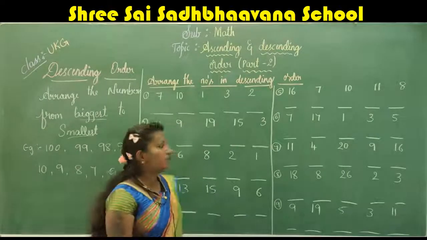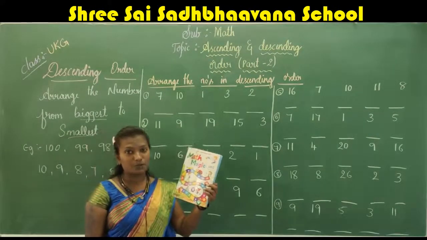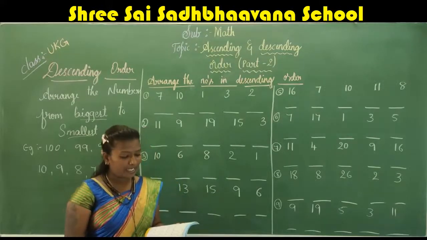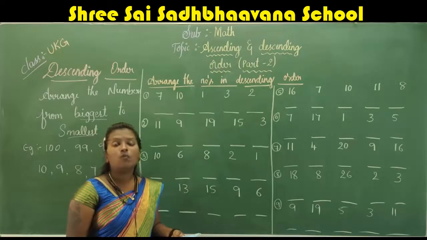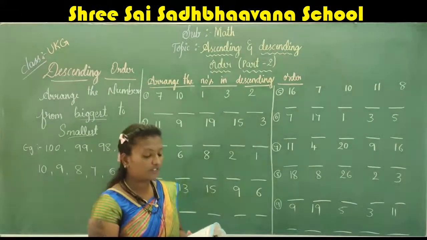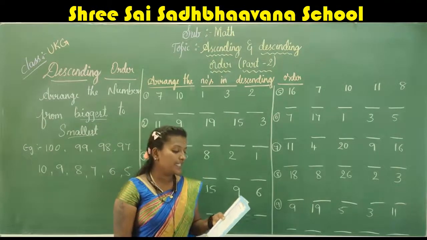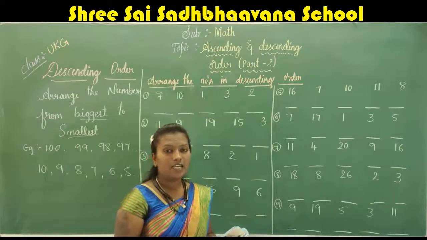Children, here are some problems given for you. So take out your math magic book and open page number 127. Children, here they have given a problem for us: arrange the numbers in descending order.